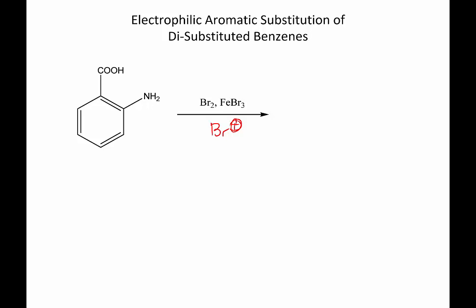Okay. So we can apply these two individually. I could say, how about this? Here's my amine group. It should add ortho and para to it. Now it cannot add over here because there's already a group.